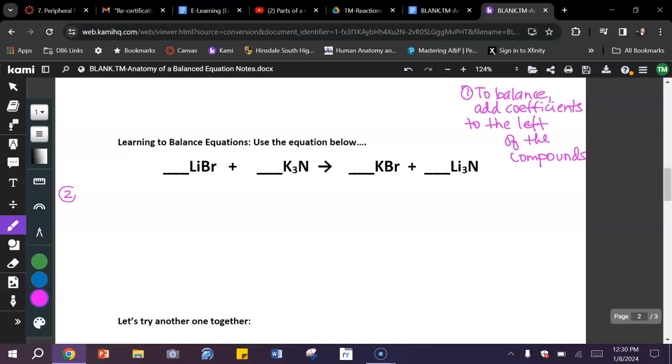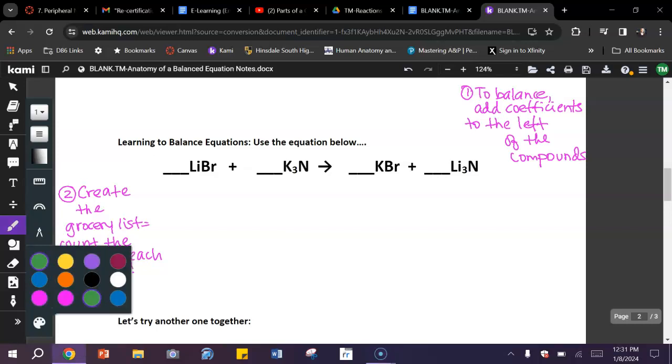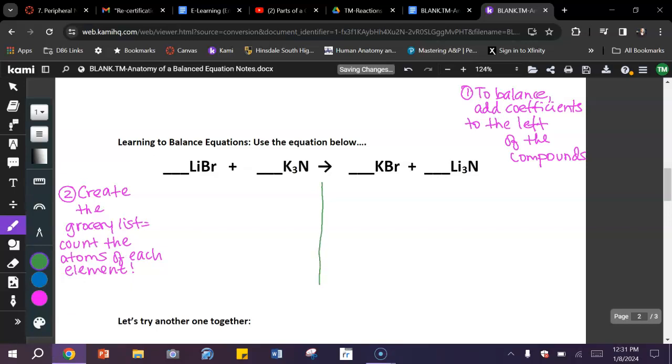So number 2, when we create the grocery list, essentially what we're doing is we're counting the number of atoms of each element that we have in all of our compounds. So to create the grocery list, I always draw a line below my arrow, and then I just go left to right, and I start on the reactant side always.